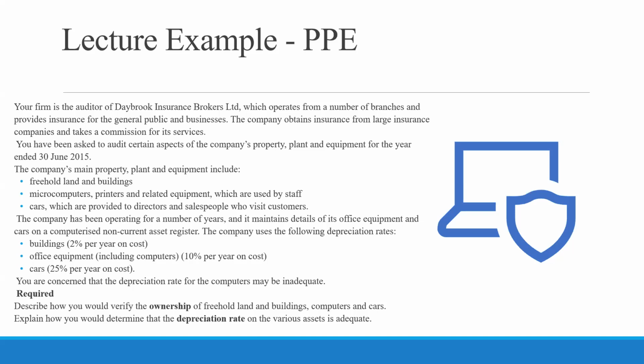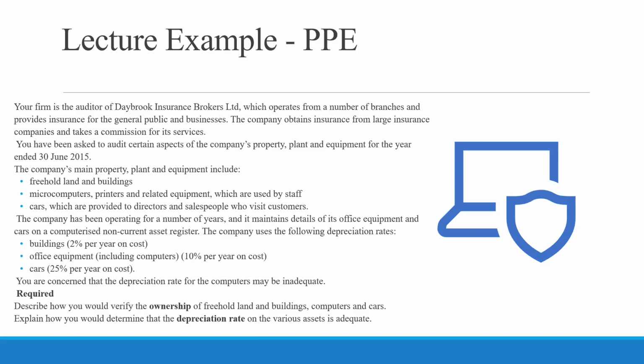I think yes. So 2% on cost actually means the building has been given 50 years useful life, and 40 to 50 years useful life for the building is acceptable, right? So that's a conventional rate and also in line with the ATO rates as well.